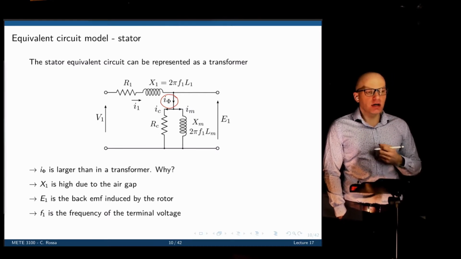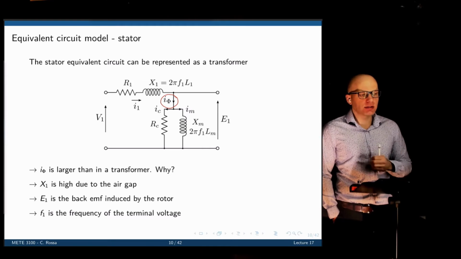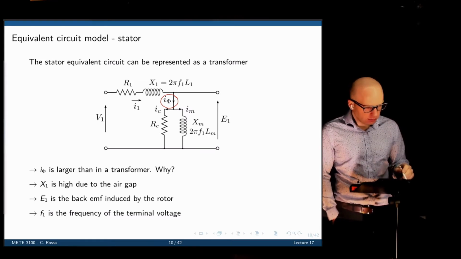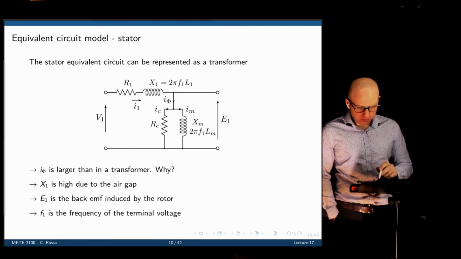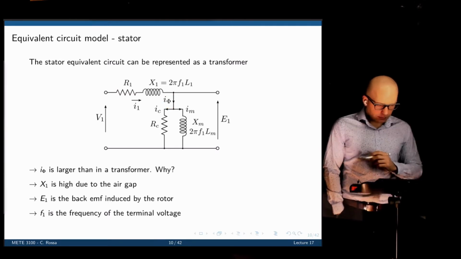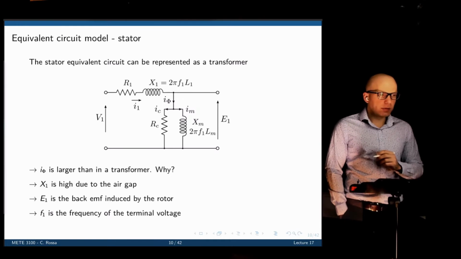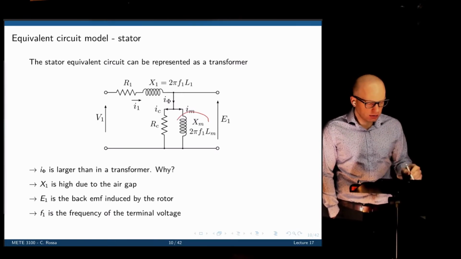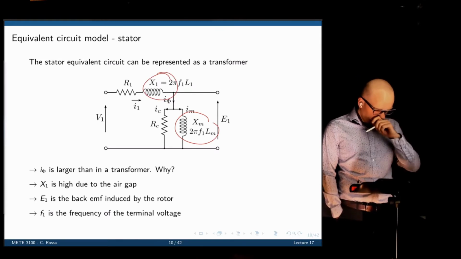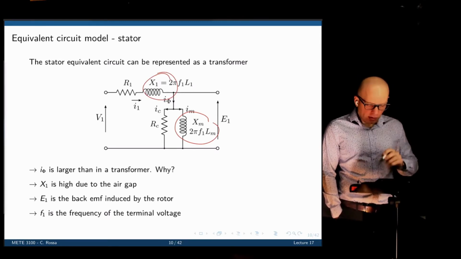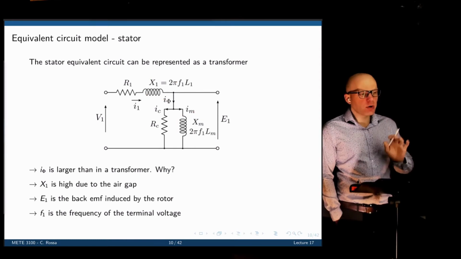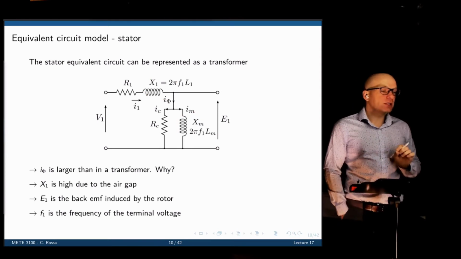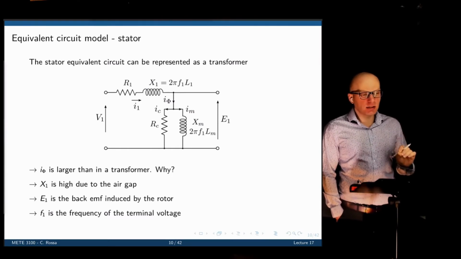Any ideas? Because of the inductance. Which inductance? This inductance or that inductance? Because of Xm. Yeah, we are getting there. What does that inductance represent? It represents the magnetizing inductance.